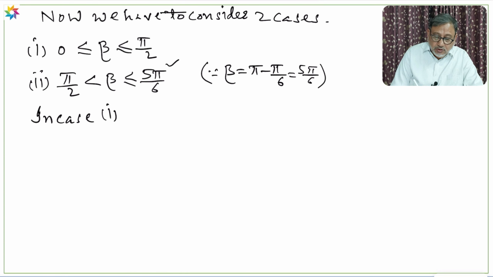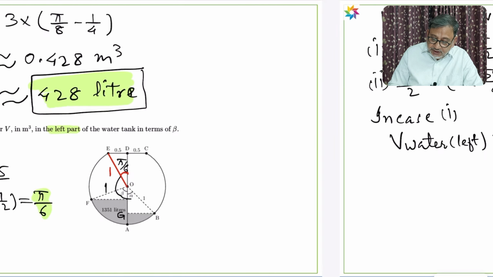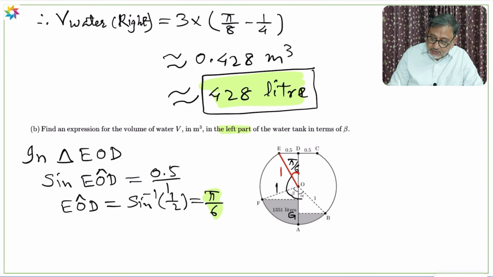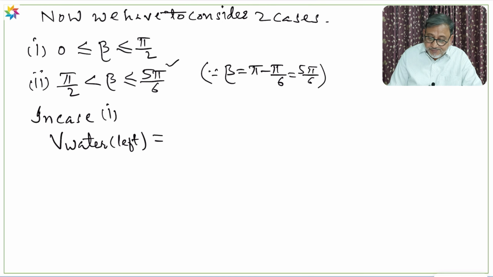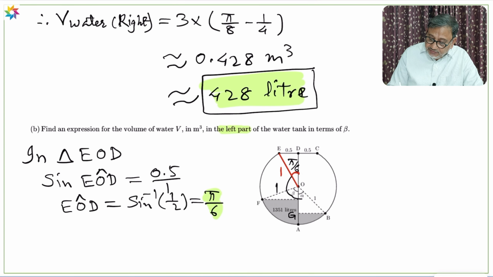So volume of water on the left side will be equal to, again the same thing, half r square theta. So theta will be beta. Half r square theta means half, r is 1, square, into beta, and minus the area of this triangle.